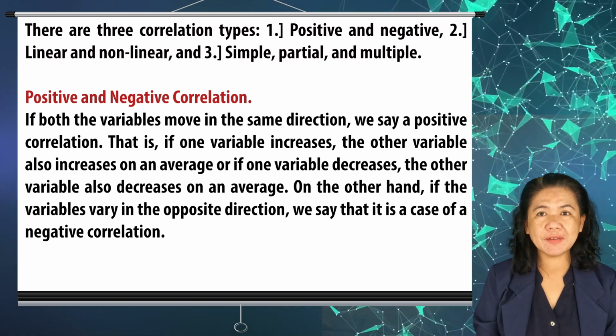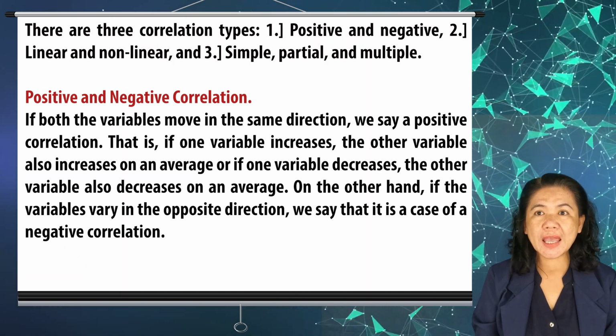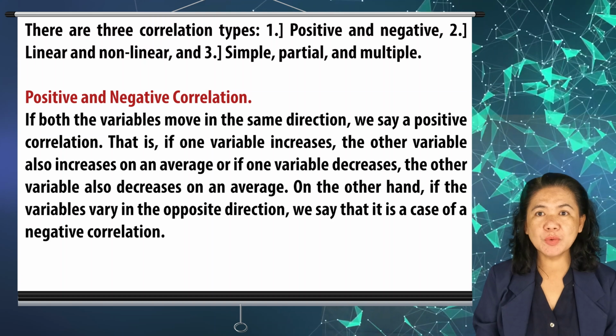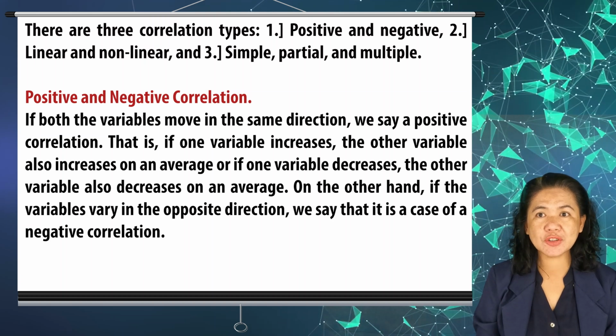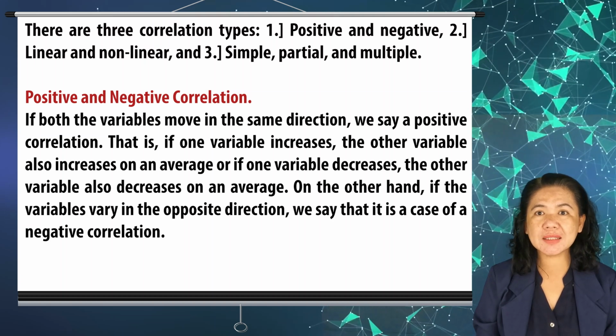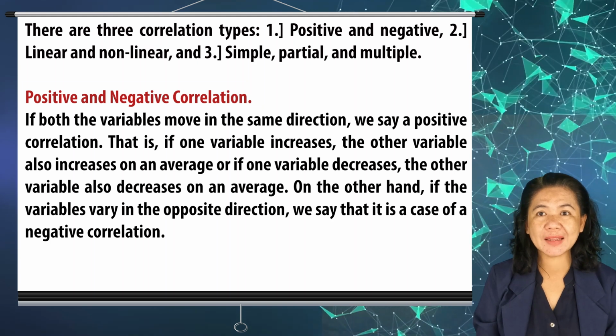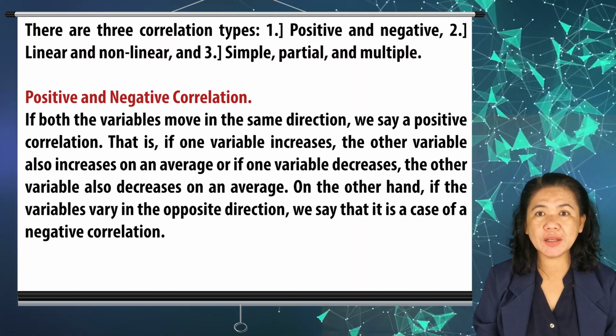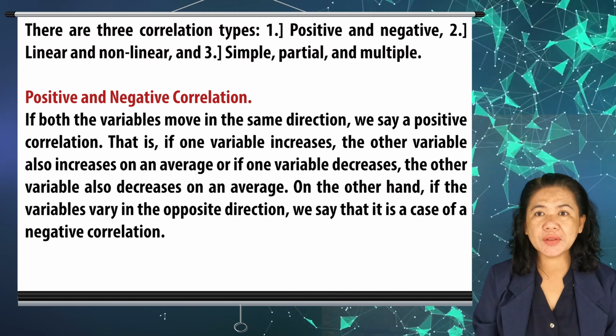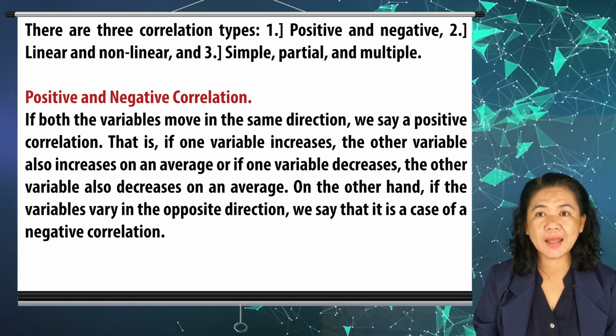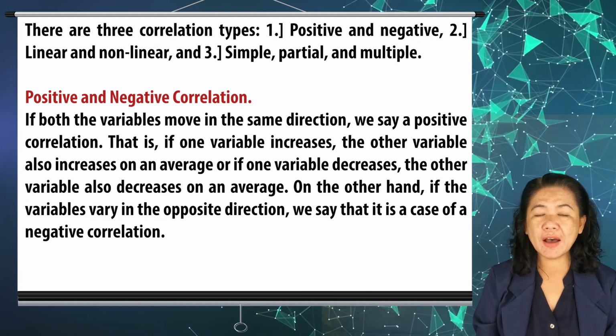Positive and negative correlation. If both the variables move in the same direction, we say a positive correlation. That is, if one variable increases, the other variable also increases on an average.